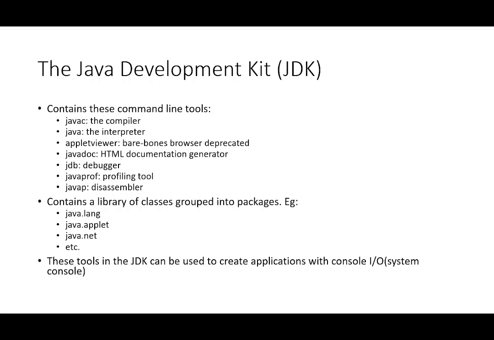It also has javadoc, which is an HTML document generator, jdb, which is a debugger, javaprof, which is a profiling tool, and javap, which is a disassembler. It contains a library of classes grouped into packages. There are tons of them, but some of the more prominent ones are java.lang, java.applet, and java.net. These tools in the JDK can be used to create applications with the system console.